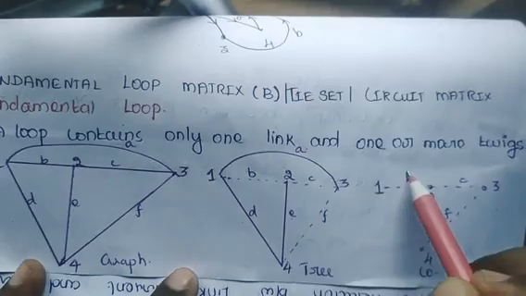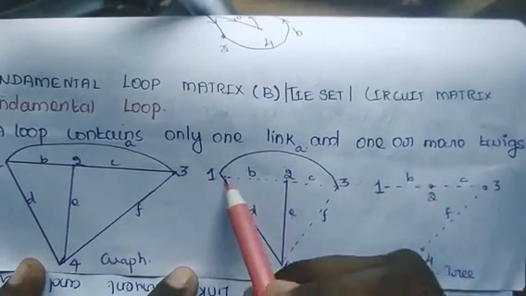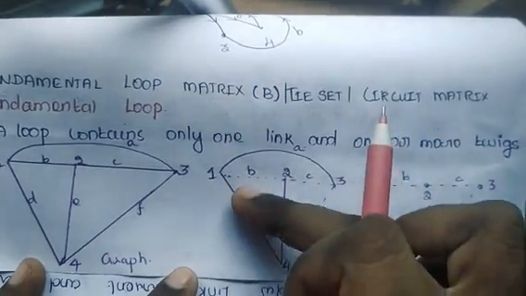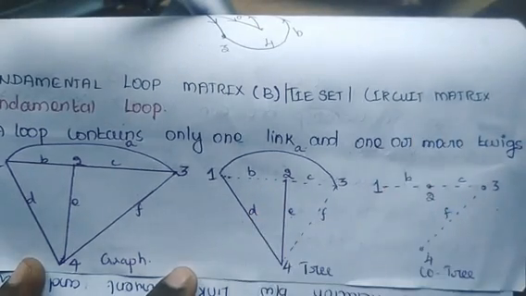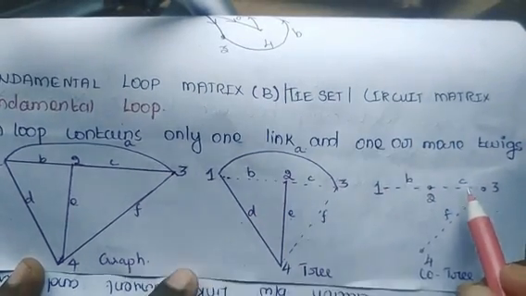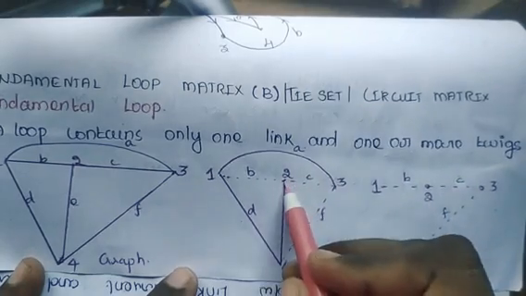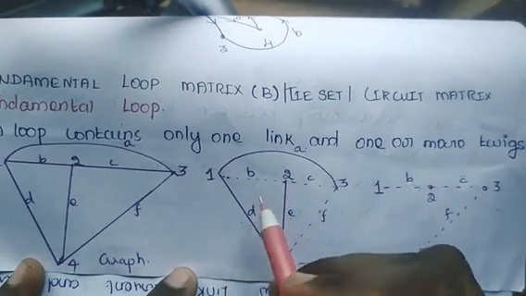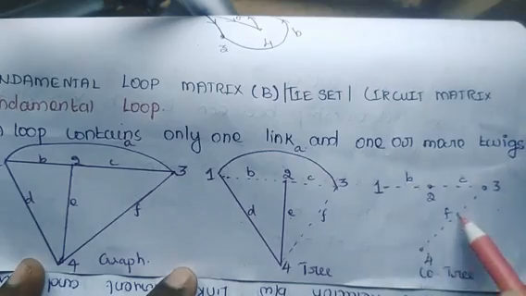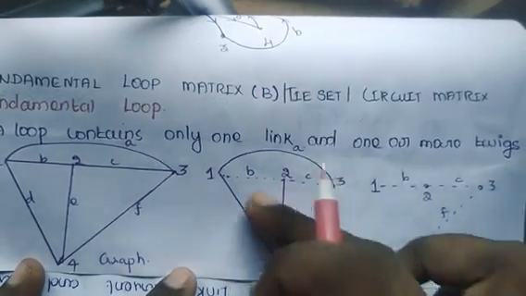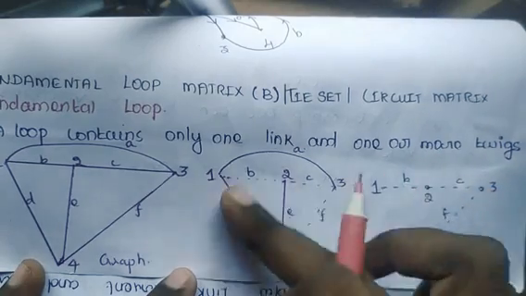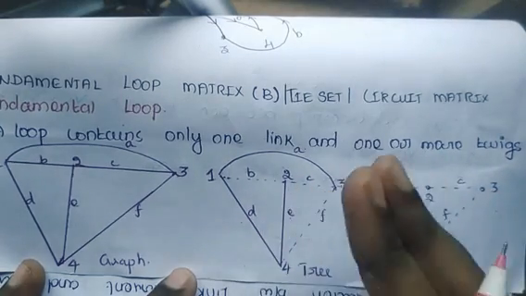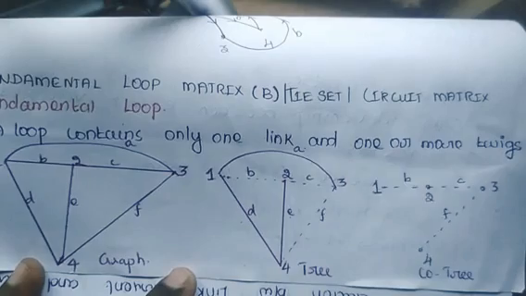If we connect the link B in its original position, a loop will be formed, right? That is known as a fundamental loop. If I connect the branch C here, then also a loop is formed, that is fundamental loop 2. And when I connect F here, another loop is formed, that is fundamental loop 3. So for this tree, I can have 3 fundamental loops.